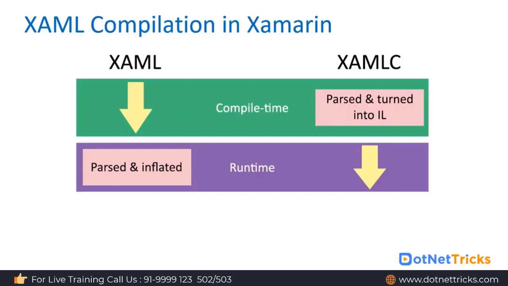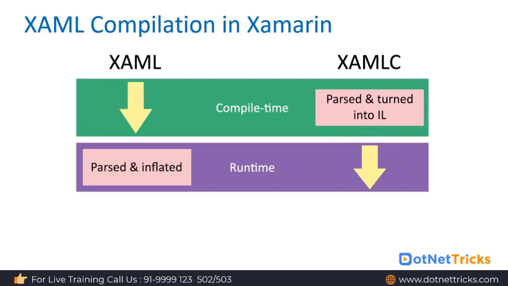So let's understand what is XAML compilation and how it works in Xamarin Forms. XAML can be optionally compiled directly into intermediate language with the XAML compiler, which is also called XAML-C. XAML compilation offers a number of benefits. It performs compile time checking of XAML, notifying the users of any errors.